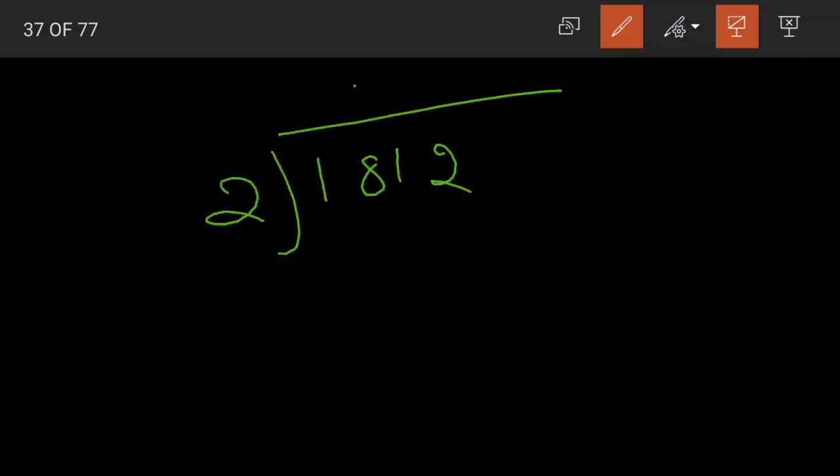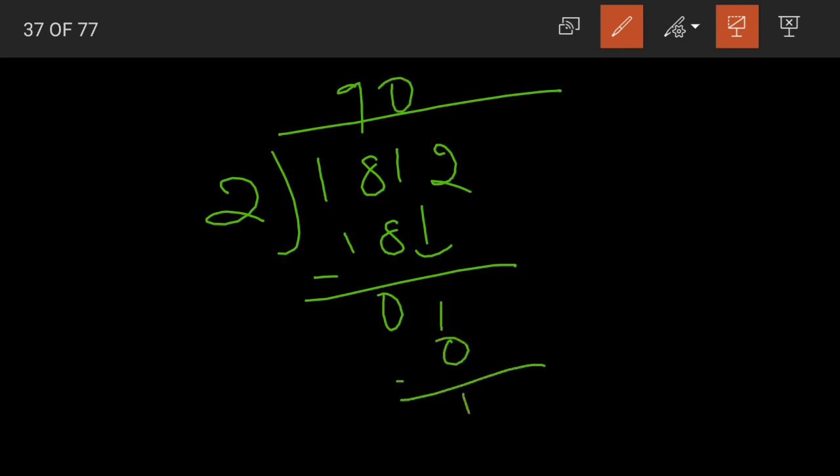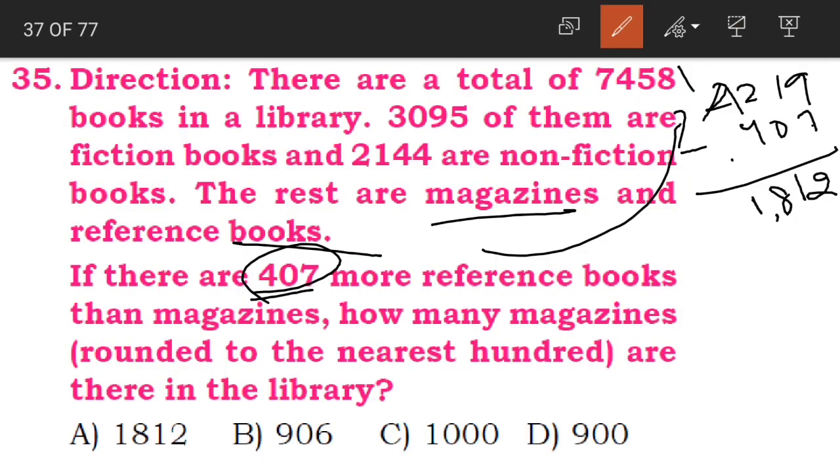1812. Now divide it equally. 2 9s are 18. 0 and 1 brought down. Now 1 does not go, so I am writing 0 here. 2 brought down, 6. Yes, 2 6s are 12. What is the answer, children? 906.